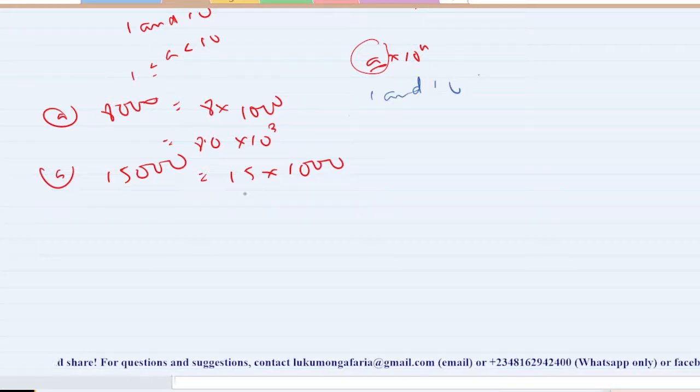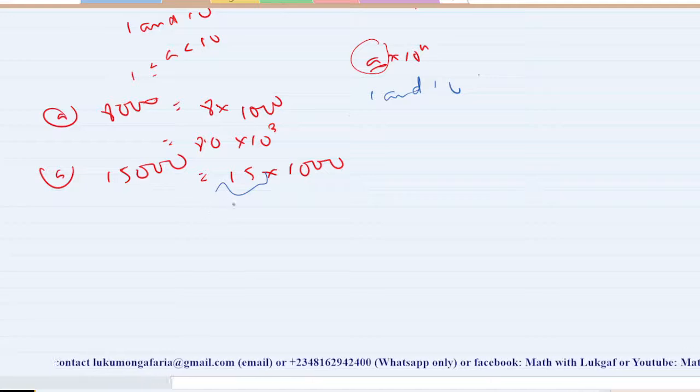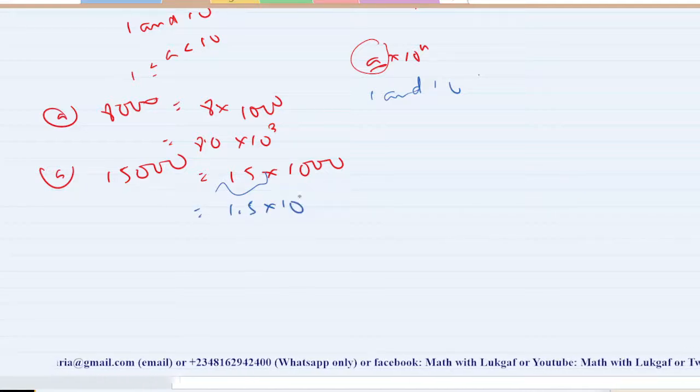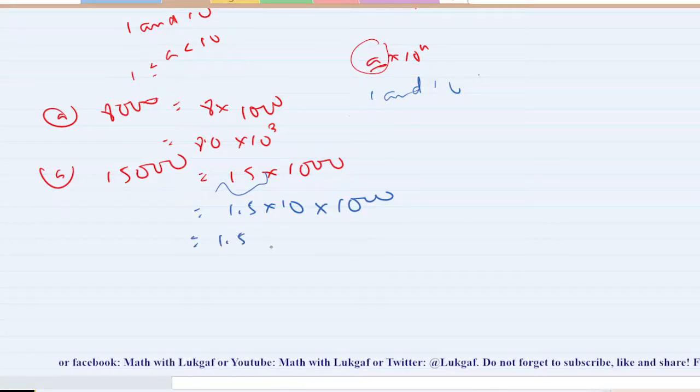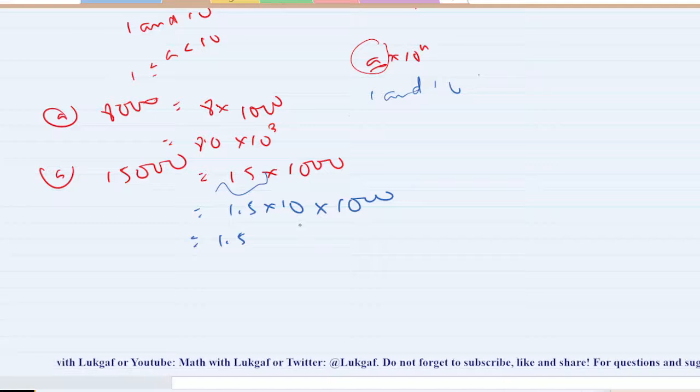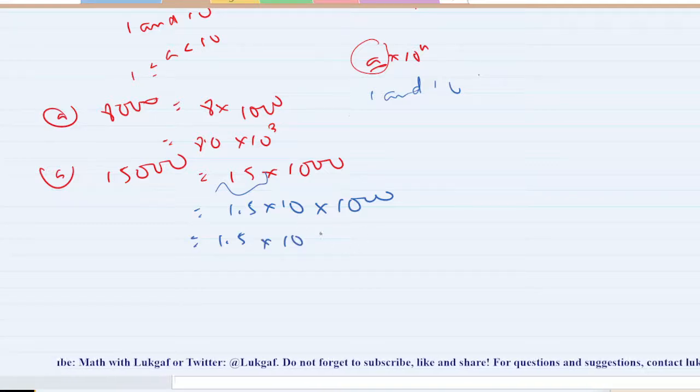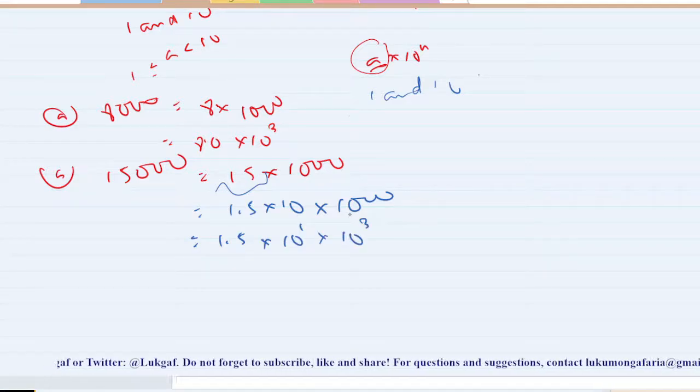Then you can change this one to a number between 1 and 10. Remember, I can say my 15 is the same thing as 1.5 times 10, multiplied by 1,000. So then this is going to give me 1.5, and in index form, 10 raised to the power 1 multiplied by 10 raised to the power 3.